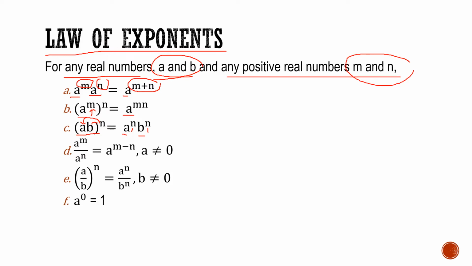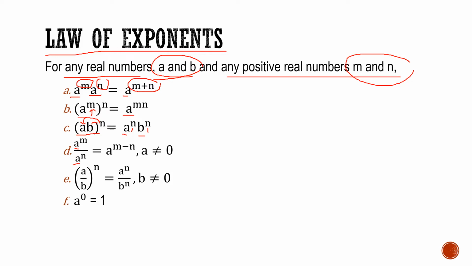And for letter D, or the fourth law, there is an involvement of division. As you can see, we have two bases with the same values, wherein your base 1 is a raised to m and your base 2 is also a raised to n.